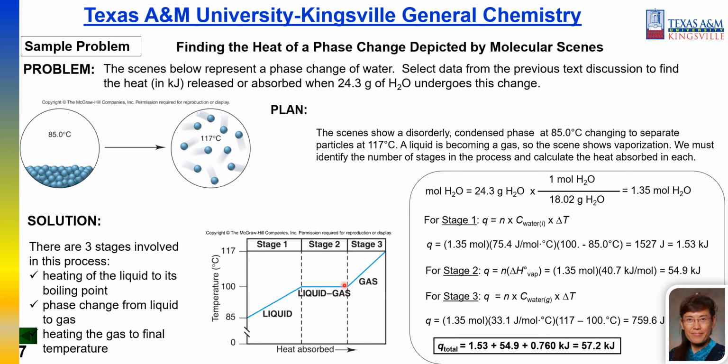Your temperature increases from 100 to 117, which means you have a temperature change of 17 Celsius. So you calculate the heat required for these 3 stages, and then you sum these 3 to calculate the total heat related to increasing the temperature from 85 to 117. So this is about the heat transfer during the phase change and during the temperature change.